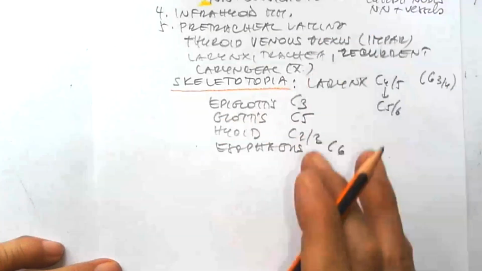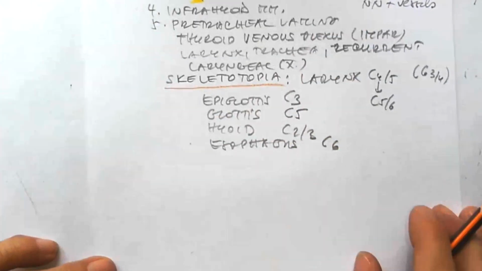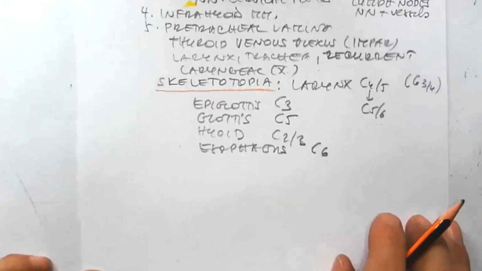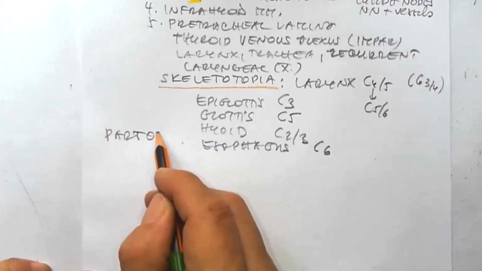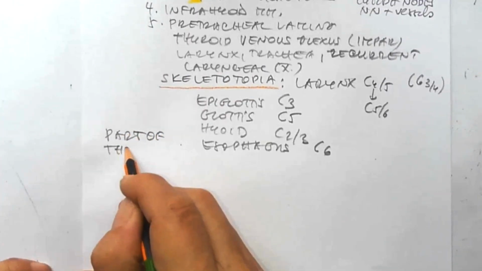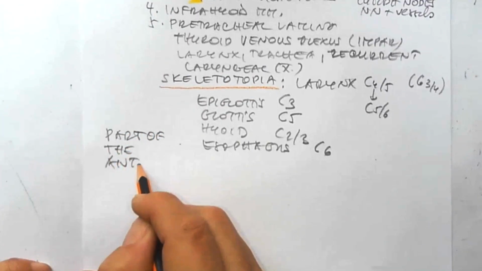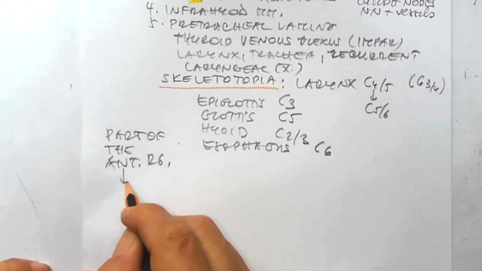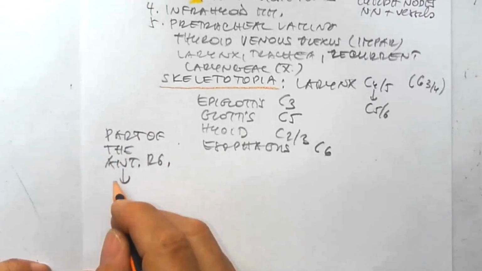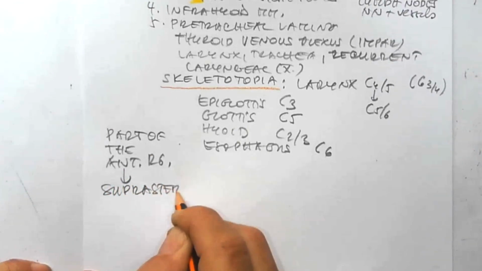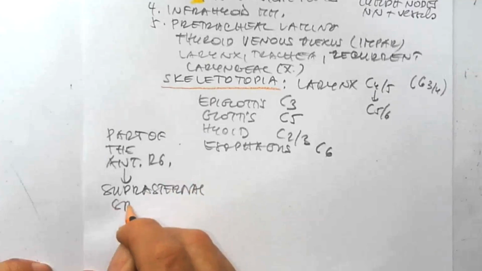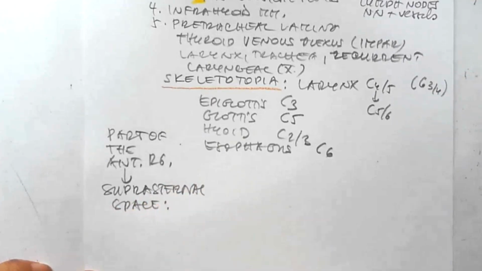So these are the layers and also the contents of the anterior region. But as we said, part of the anterior region is also the suprasternal space. It should be mentioned, suprasternal space. The suprasternal space is the space that lies anteriorly.